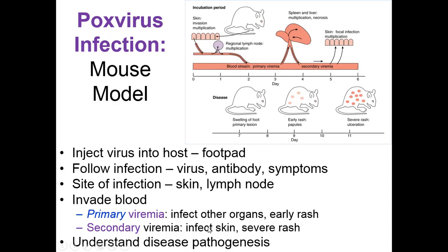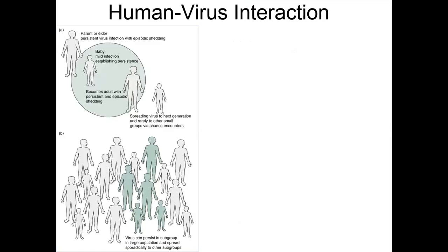Secondary viremia is where the virus severely infects the skin and causes very severe rashes. So this is a good model for studying disease pathogenesis. Pathogenesis is the process by which an infectious or disease-causing agent causes damage to the host cell.